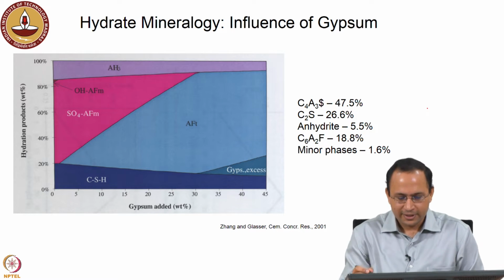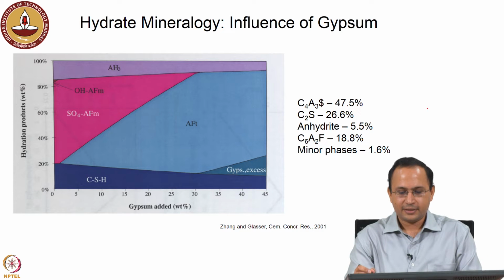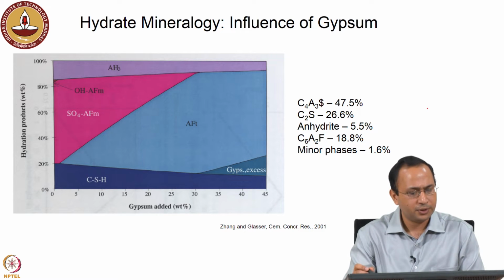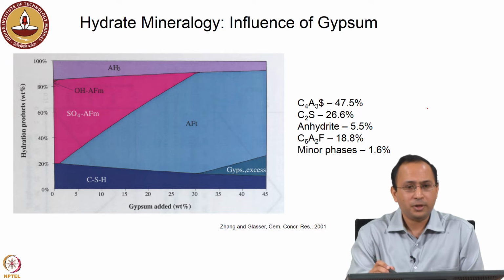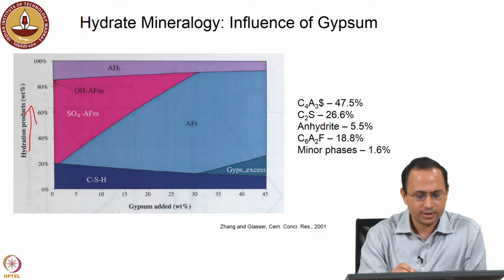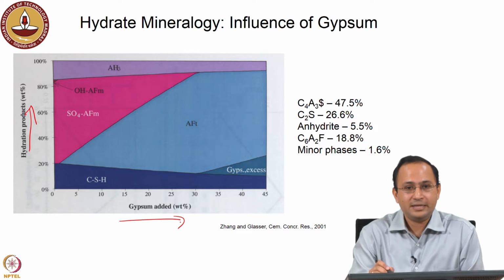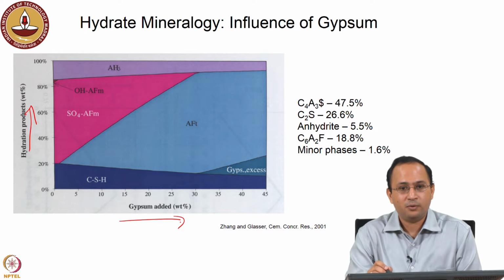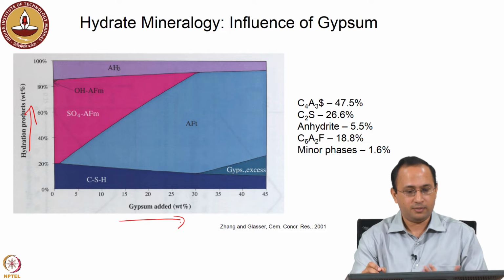So, here is a study done by Zhang and Glasser in the early 2000s. On the y axis we have hydration products, and it shows what happens when you increase the amount of gypsum. We know that when there is no gypsum, you will have formation of monosulfate, but as you increase the amount of gypsum, you form the AFt phase, or ettringite.